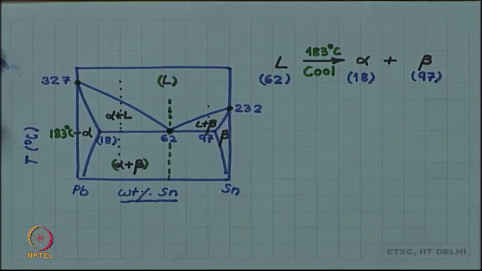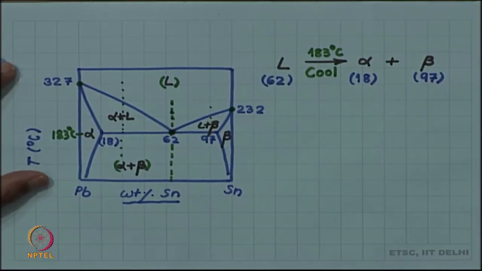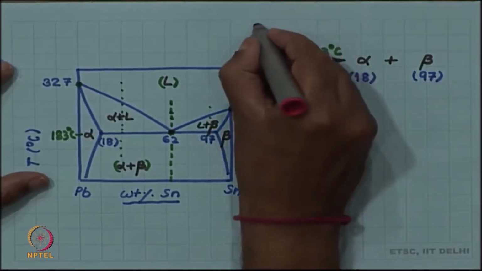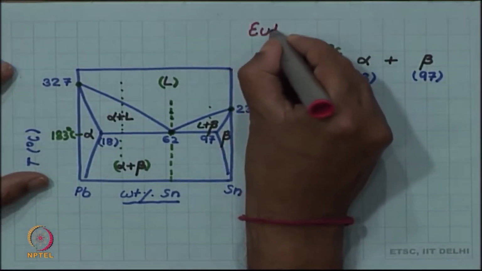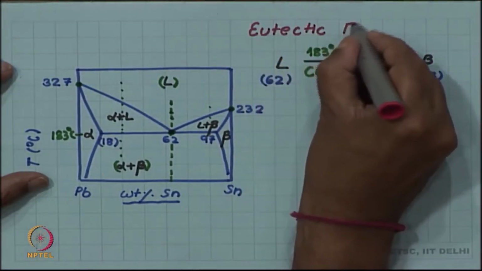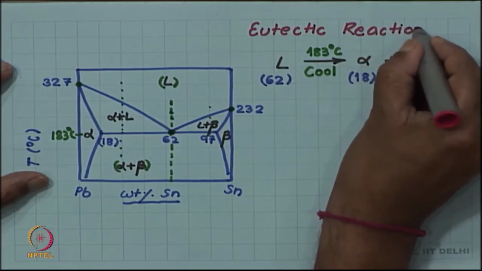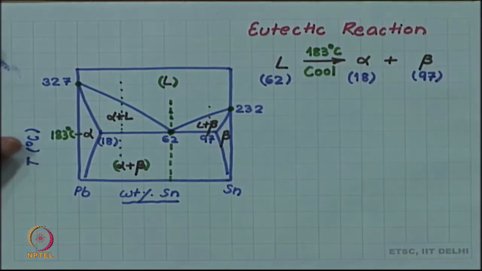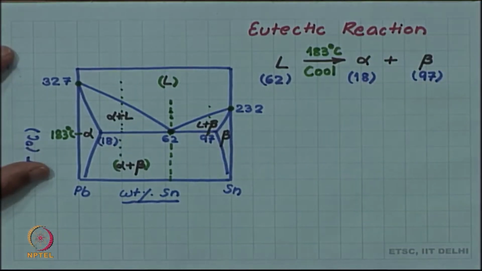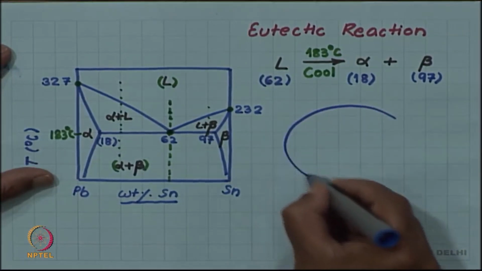So, such a transformation is called a eutectic reaction. So, this has been given a name. Eutectic reaction.